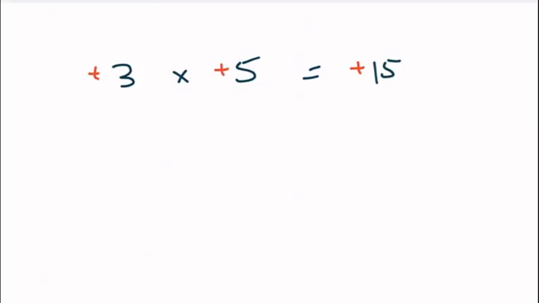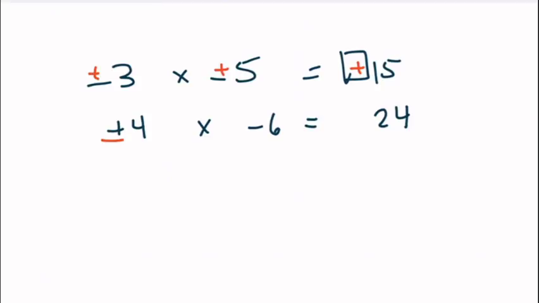So here we have 2 positives, and that equals a positive. So positive 3 times positive 5 equals positive 15. Another one would be positive 4 times negative 6. So let's just do 4 times 6 first, which we know is 24. But there's a positive sign and a negative sign, which means that the answer will be negative. The answer is negative 24.